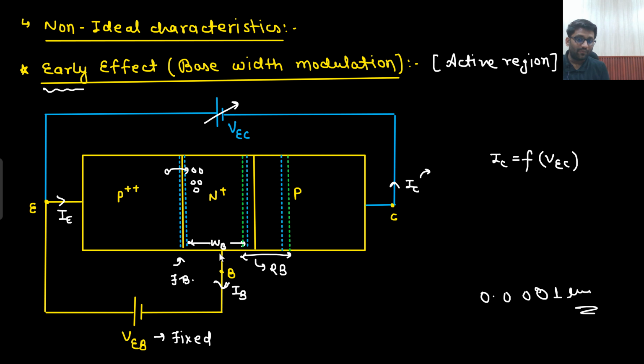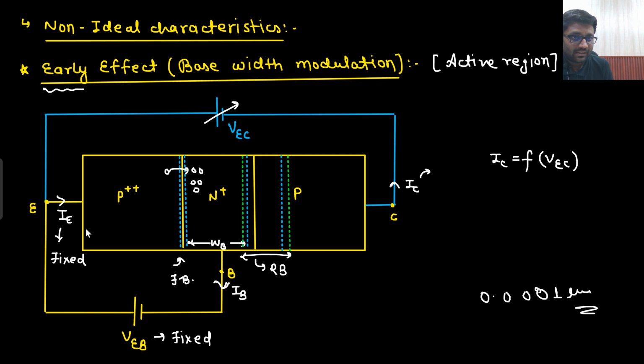But if your base width is being modulated, then there is a problem. The problem is that this width is becoming lesser. That means the amount of recombination is becoming lesser. If the amount of recombination is becoming lesser, more and more holes are reaching here, collector current is increasing. Or what you can say, sir, VEB is fixed. That means this is also fixed. If VEB is fixed, that means, sir, this is also fixed.